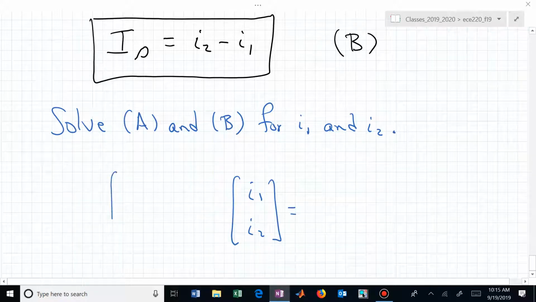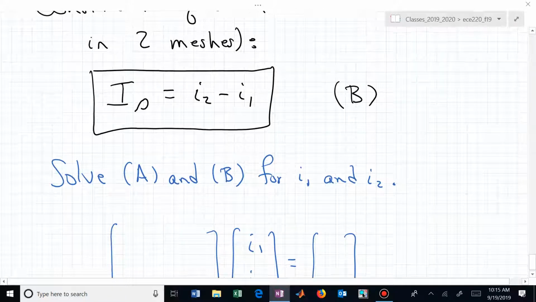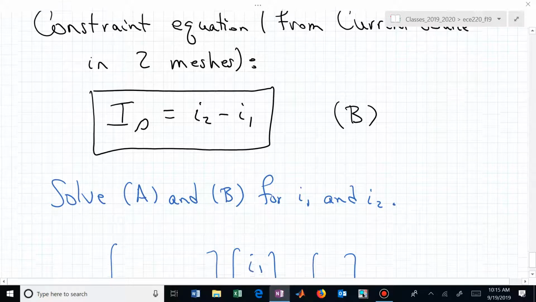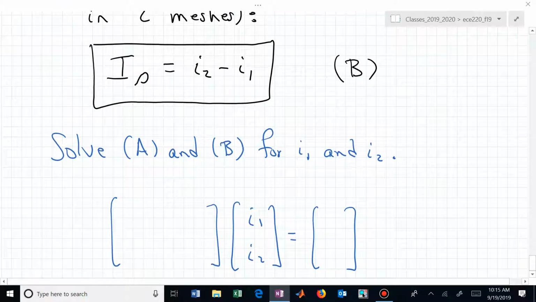That's going to be multiplied by something to produce a right-hand side. If I plugged in B in the bottom row of that matrix representation, how would I write that? Do you see I need minus 1 times I1 plus 1 times I2, and that gives me I sub s.